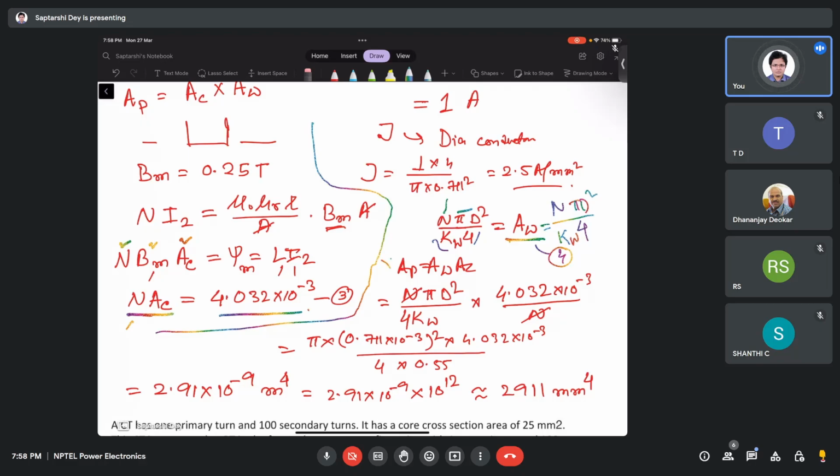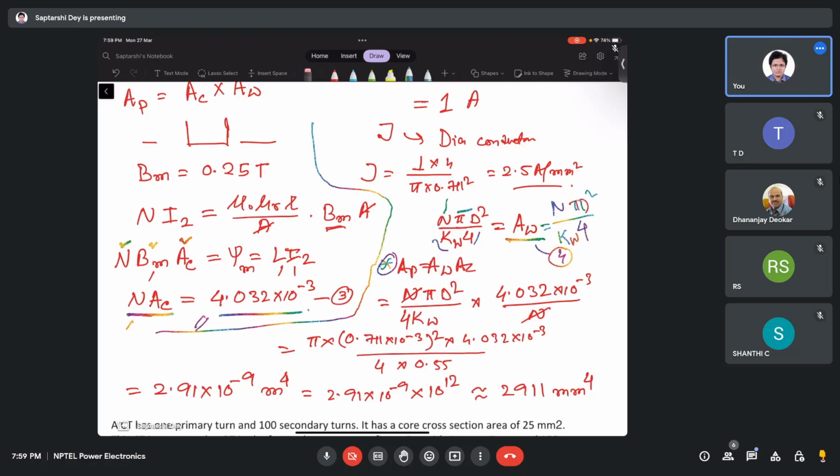Now we are finding out AP, which is AW times AC. So for AW I put n pi d squared by 4 kW, and for AC I put from equation 3, which is 4.032 10 to the minus 3 by n. Now n gets cancelled, so we did not need the value of number of turns, that is not required.